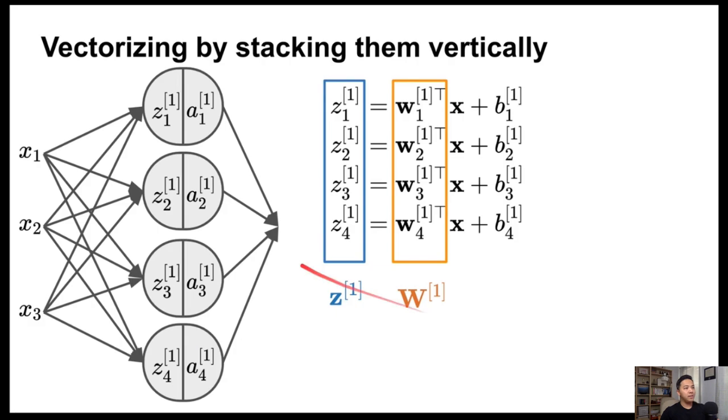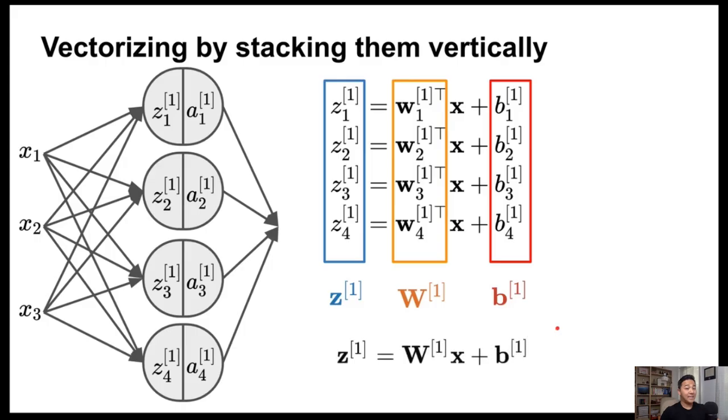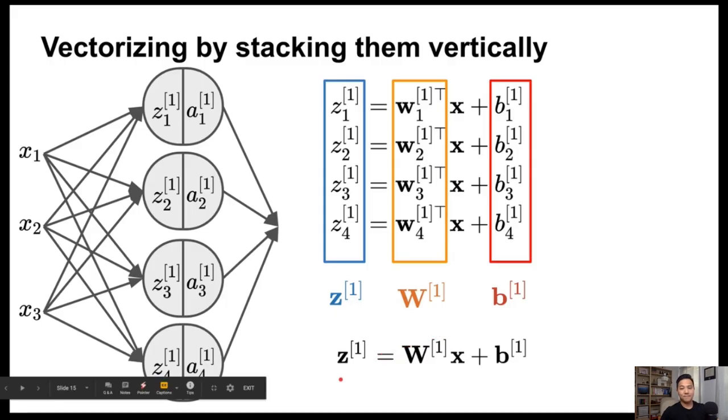Same with the bias terms, B1 to B4 of layer 1, we now have a vector B. So all of these calculations can be represented by a single linear algebra equation, Z1 equals W1 x plus B. Ain't linear algebra beautiful? The painstaking work you have done with linear algebra may pay off here for understanding the neural net.